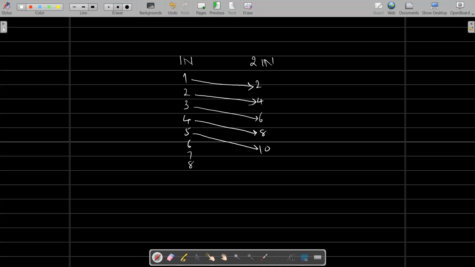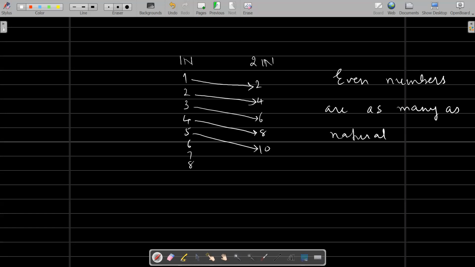And essentially, what is counting? Counting is essentially this. You give some map or relation between two sets, which is one-one and onto. So here is a map which is one-one and onto from the set of naturals to the set of even numbers. So in some sense, this says the number of even numbers is the same as the number of natural numbers.